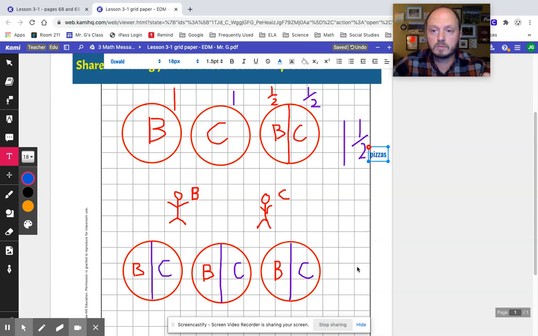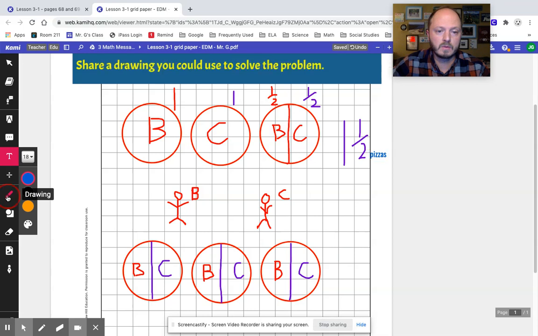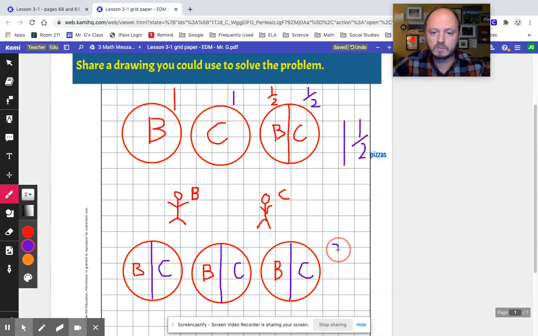Down here, it's also the same amount of pizza in total, but we could refer to this instead of as 1.5. Some people might say that, well, you know what? There's really 3 halves here.